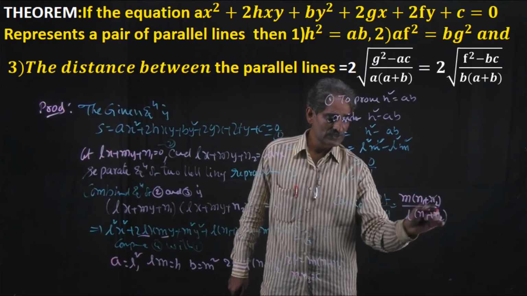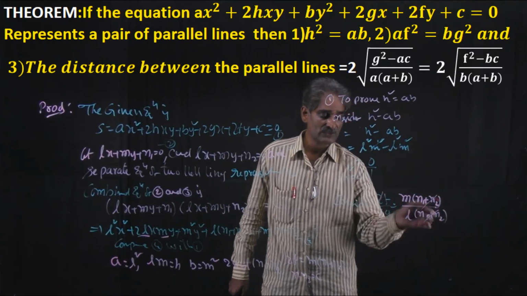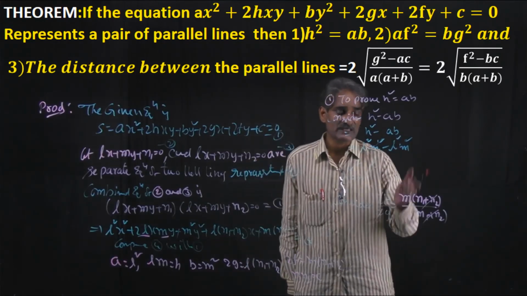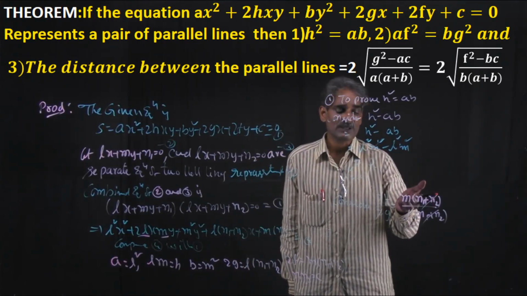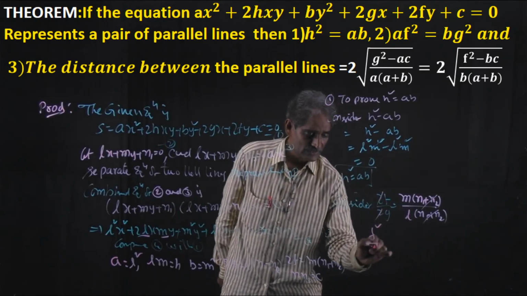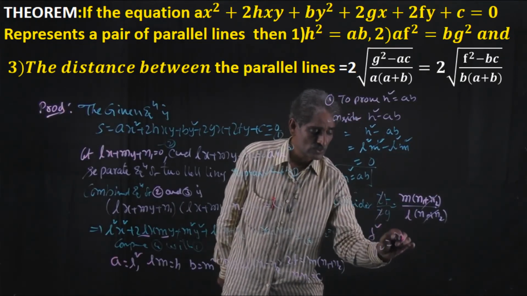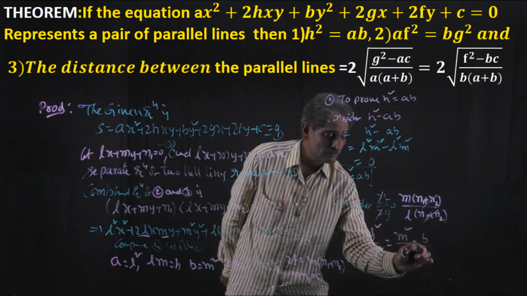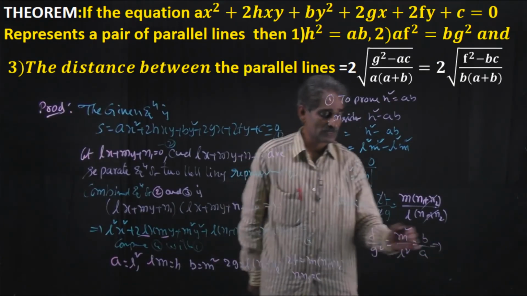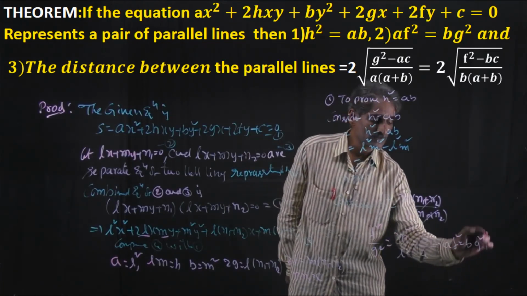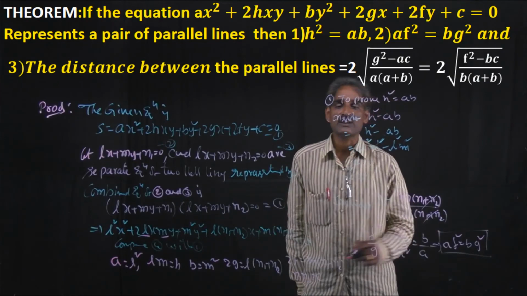Here N1 plus N2 get cancelled, 2 get cancelled, just squaring on both sides. Because we have to prove AF square equal to BG square. A is nothing but L square, B is nothing but M square. So squaring on both sides, F square by G square is equal to M square by L square. That is nothing but B by A. This implies we can write AF square is equal to BG square. This is the second one.